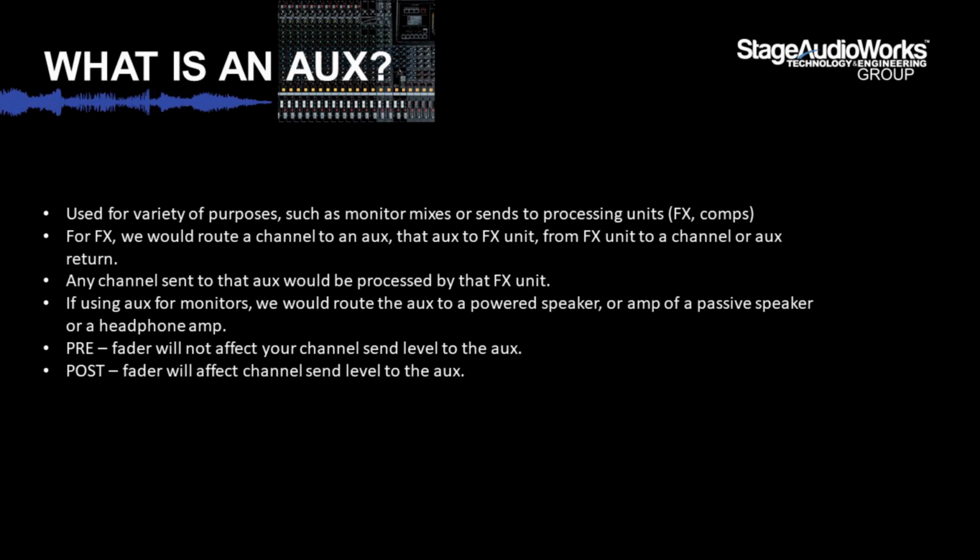When we route an aux to an effects unit, and from the effects unit back to another channel on your desk or an aux return, any channel that we send to that effect aux will be processed by the effects unit. If we're using an aux for a monitor, then we're routing out of the aux to an amplifier or powered speaker or a headphone amp, for instance.